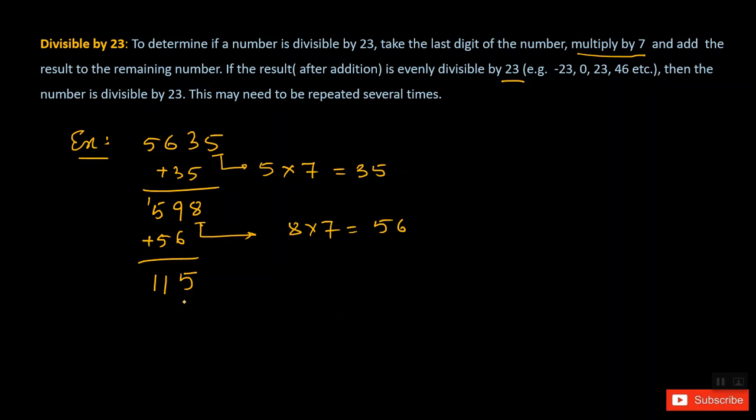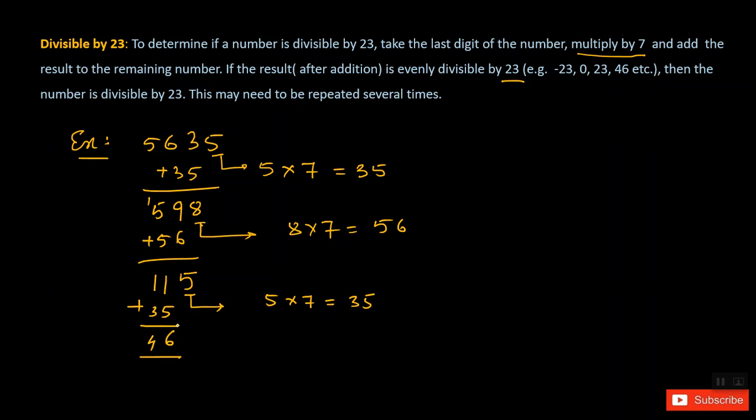So again I have to repeat the same. Take the last digit. 5 times 7, that gives you 35. Add this to the remaining one, 11 plus 35. So 1 plus 5 is 6 and 1 plus 3 is going to be 4. So 46. 46 is 23 times 2.